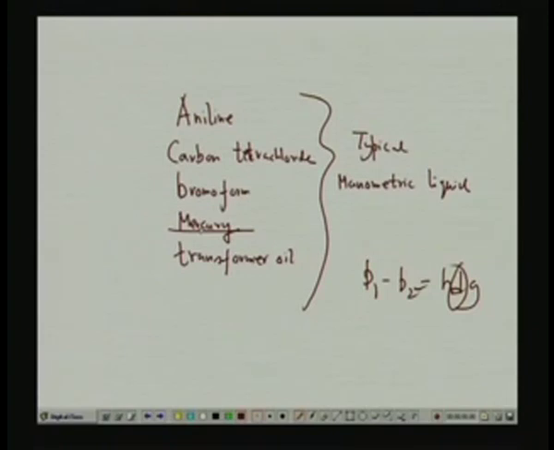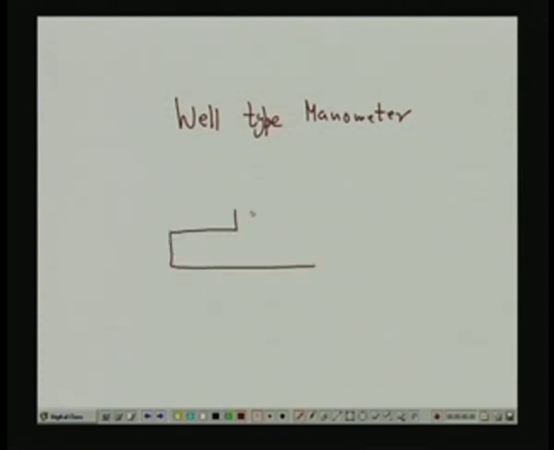Now, we talked about the simple U tube manometer. There are other manometers which look like this. We have the well type manometer, also called the cistern manometer. Instead of a U tube, there is a well, and we have manometric liquid here.